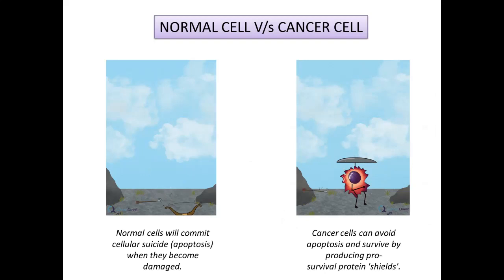So what exactly do a normal cell and a cancer cell look like? Before that, why does a tumor grow? How does a normal cell change into a cancer cell? What is the reason?